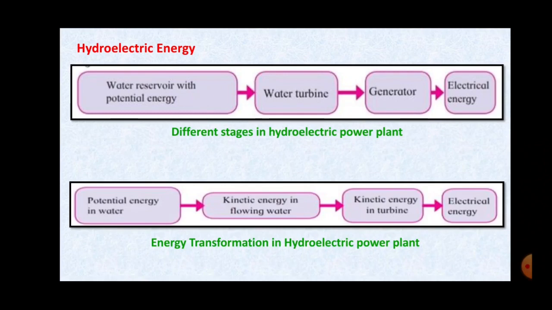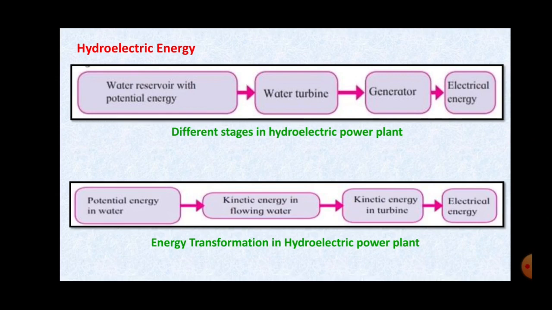The potential energy that is present in the water when the water is stored in a reservoir or in the dam is converted into the kinetic energy of flowing water, right? And then this kinetic energy of flowing water turns the turbine because it's falling from a great height.